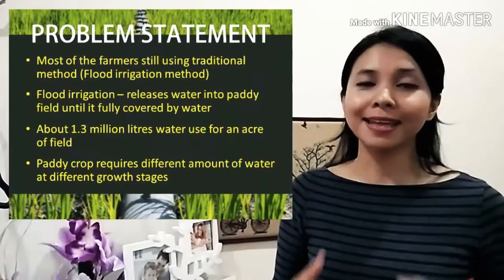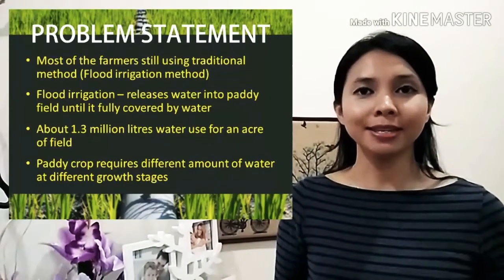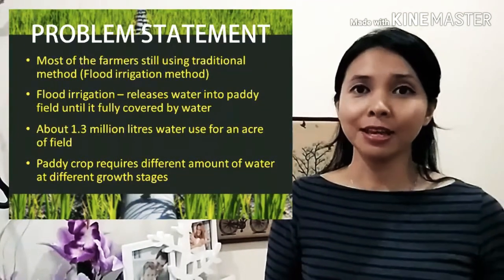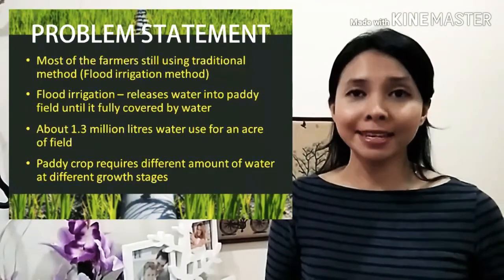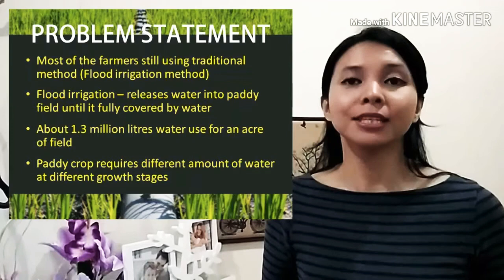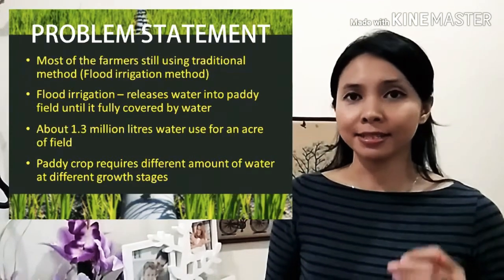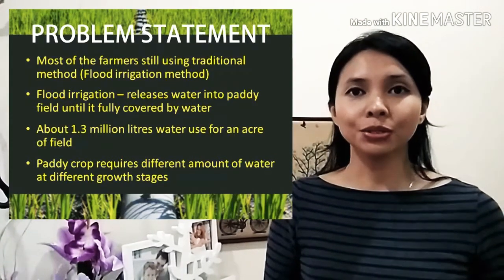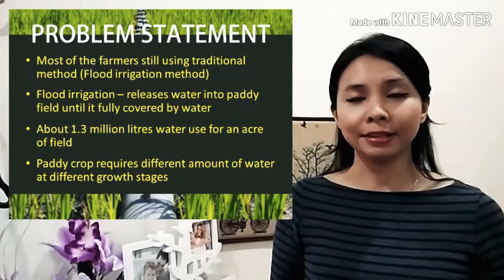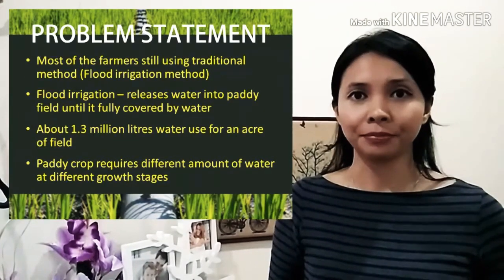Most of the farmers are still using traditional ways to irrigate the paddy field, which is the flooding irrigation method. This flooding irrigation method is a technique that releases water into the paddy field until it is fully covered by water.